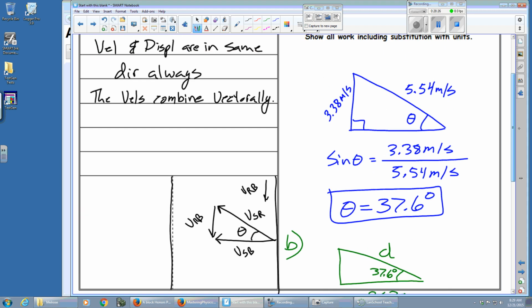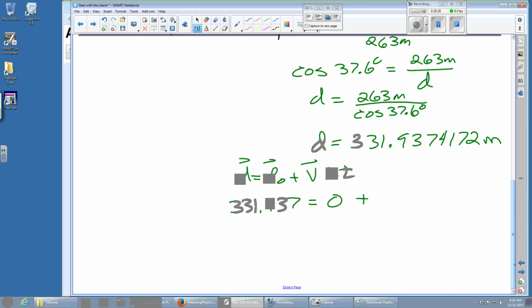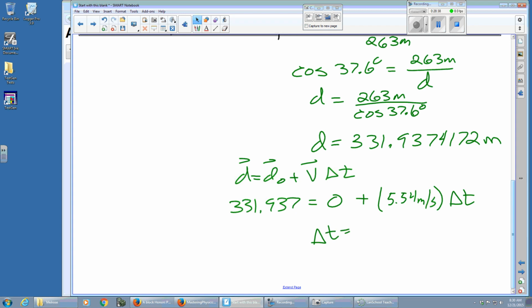For me, velocity of the swimmer 5.54, delta T. Solve for delta T. I get 59.9. Let's see. Let me see.